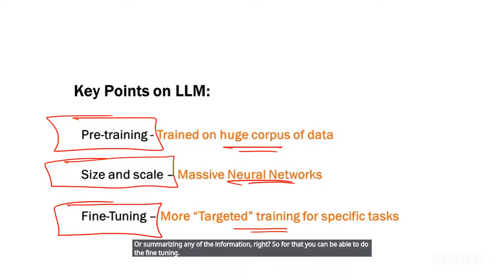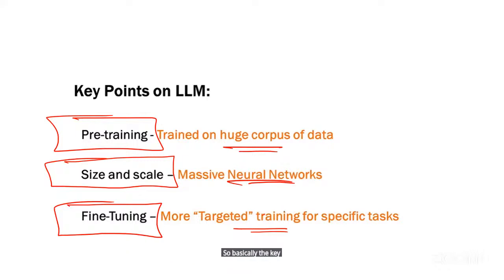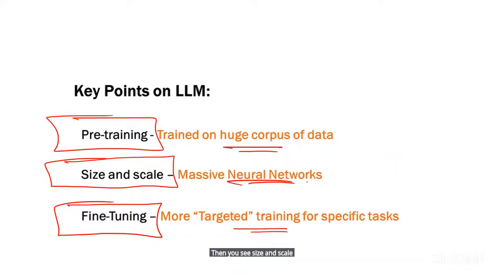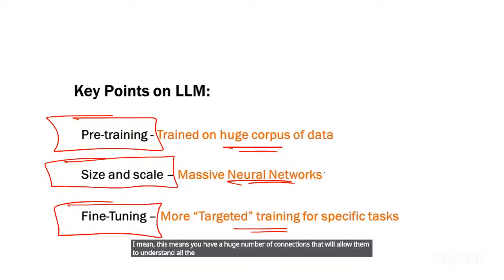So basically, the key points on LLM: the LLMs are trained with a huge amount of data, so they learn from massive text like books, websites, and articles before they start helping with any relevant tasks. Then you see size and scale. These models are built using a neural network, which means a huge number of connections that allow them to understand complex information and generate responses like a human being.